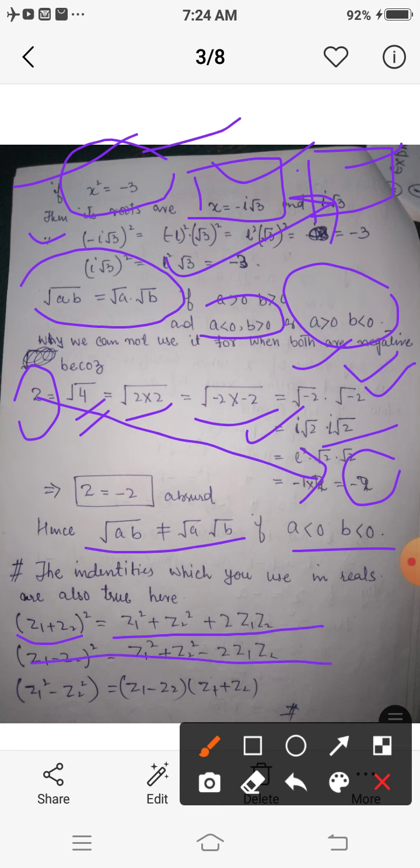Similarly for minus, and z1 square minus z2 square equals z1 minus z2 into z1 plus z2. So these identities, true in the set of real numbers, can also be used in the set of complex numbers.